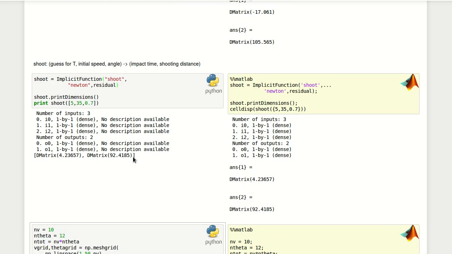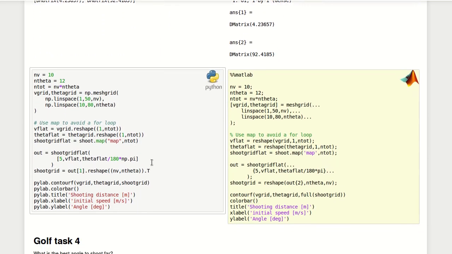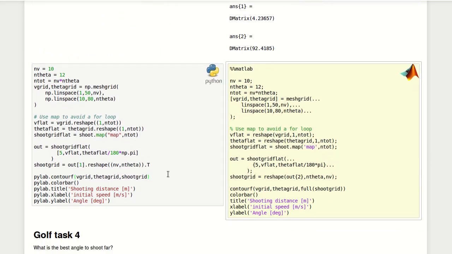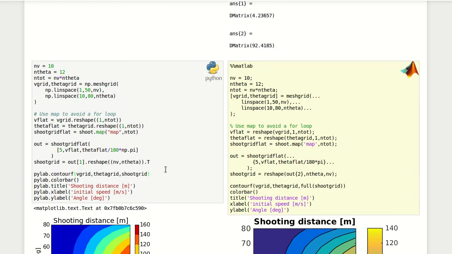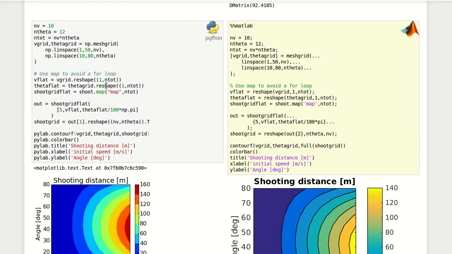You might wonder, how does the shooting distance depend on velocity and theta graphically? So I built a little bit of code to visualize this. If you have the time to look in detail here, I use a map node, which is a faster way to compute things. It's again a replacement for a for loop, or a double for loop in this case.